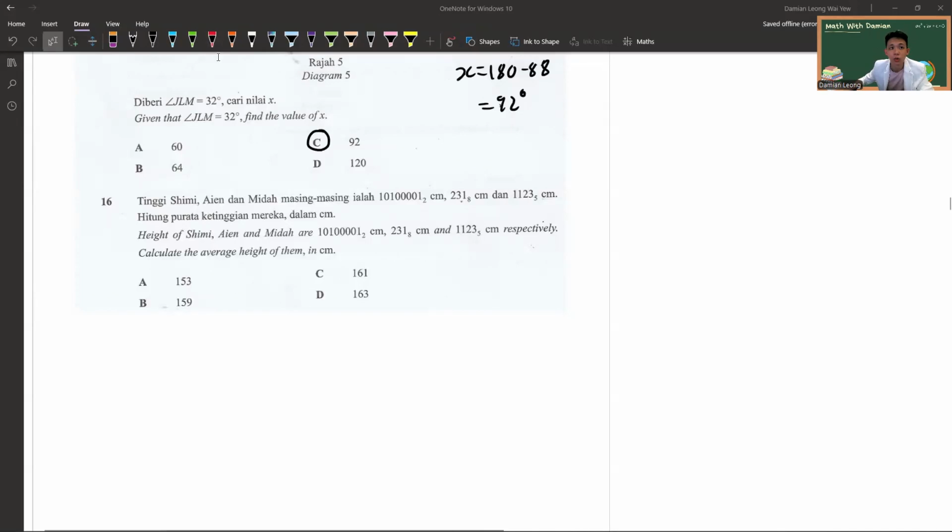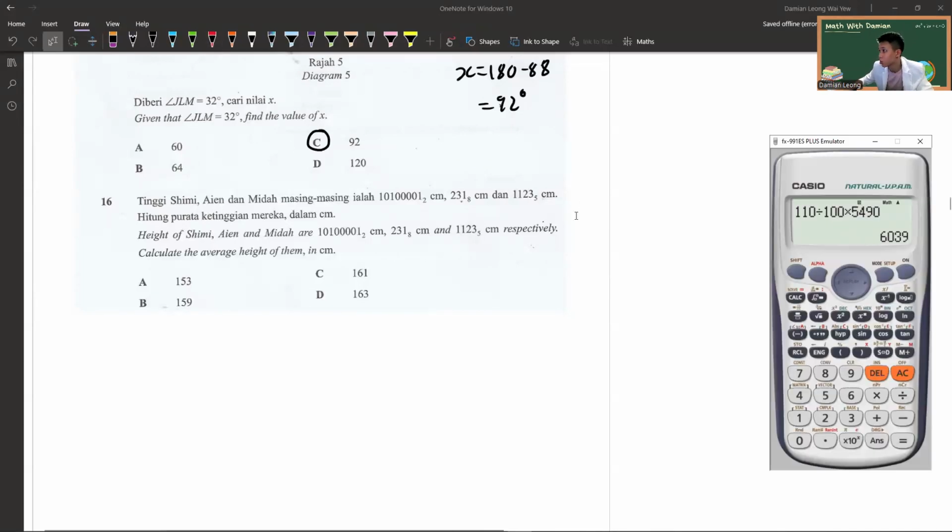For base 2 and base 8, you can actually use a calculator to convert. Of course, if you want to do it the manual method, it's fine as well. Go to base mode. Switch between BIN for binary base 2, OCT for octal base 8, DEC for decimal base 10.